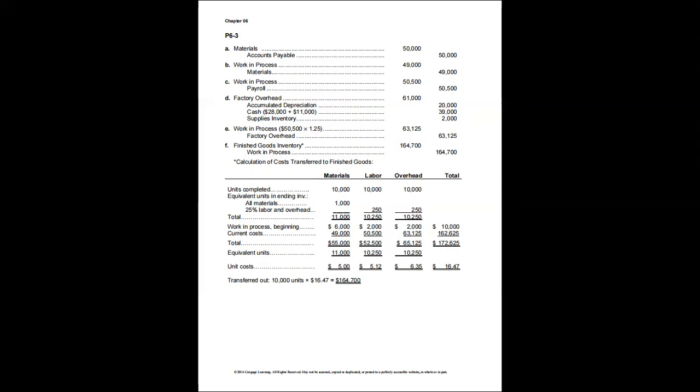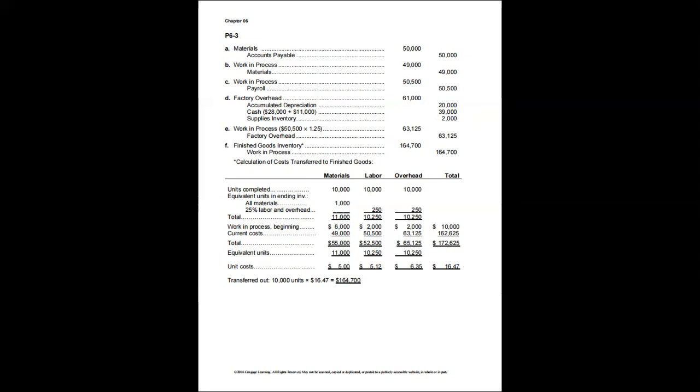So the next entry now is to debit finished goods inventory, credit to work in process by 164,700. Now we have the computations here.